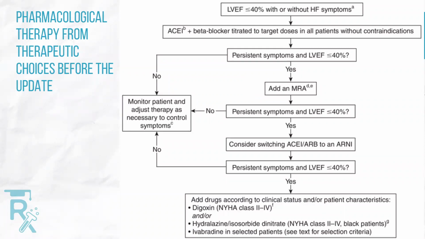This is in the case of a normal patient who has a heart rate of 70 or more. But if the patient's heart rate is less than 70, or the patient has atrial fibrillation or a pacemaker, I cannot add ivabradine. I cannot play with the heart rate in that case. So in that case, I will only make the switch from ACE or ARB to ARNI without adding ivabradine. Okay, Valentina?